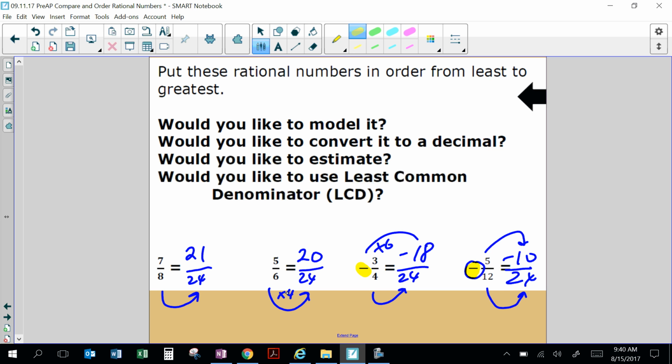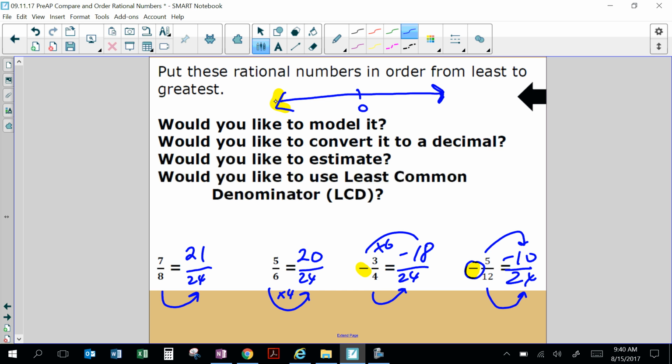Now let's put these numbers from least to greatest. Think about it, this is a number line. Here is 0, our benchmark number. Which one would be on the left side of 0? It'll be either negative 18 or negative 10.